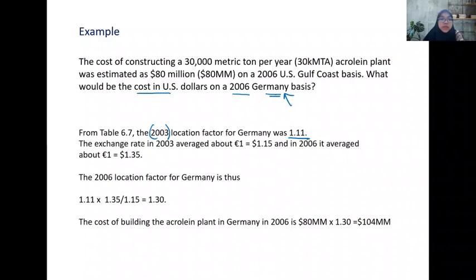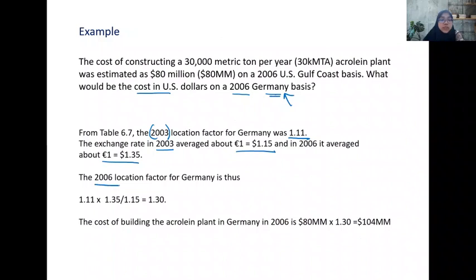So 1.11. The exchange rate in 2000 is about €1 to USD. Okay, this is the exchange rate, and then the average is about $1.35.